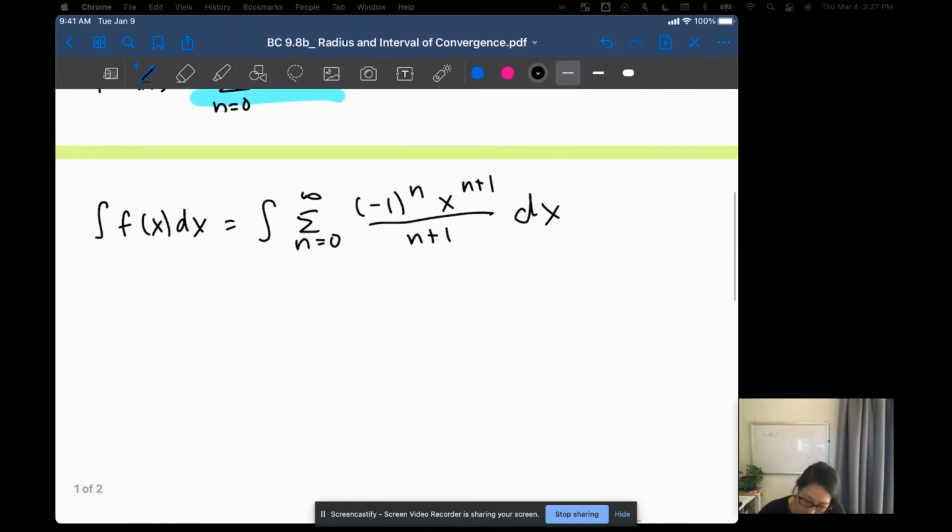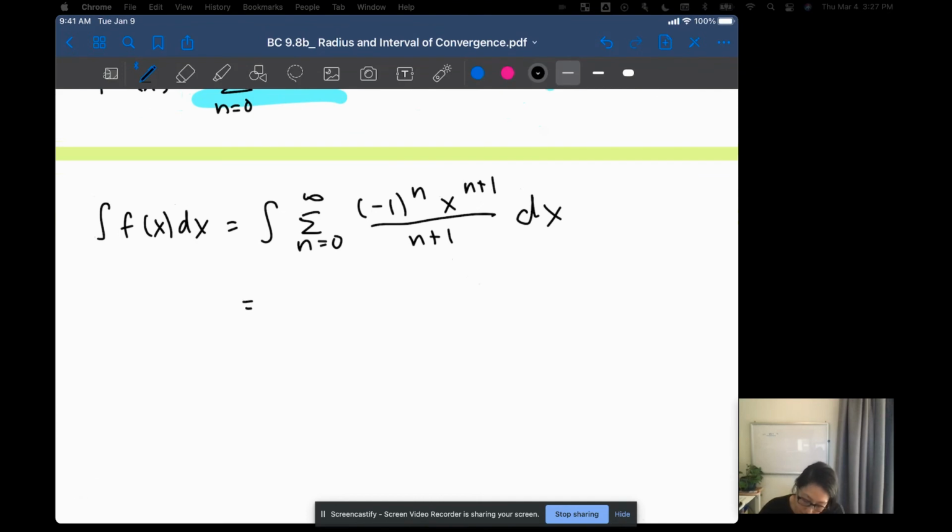I can either write it like this, or I can write it as the sum from n equals 0 to infinity of the integral of (-1)^n times x^(n+1) over n plus 1 dx. Okay, we're almost done.